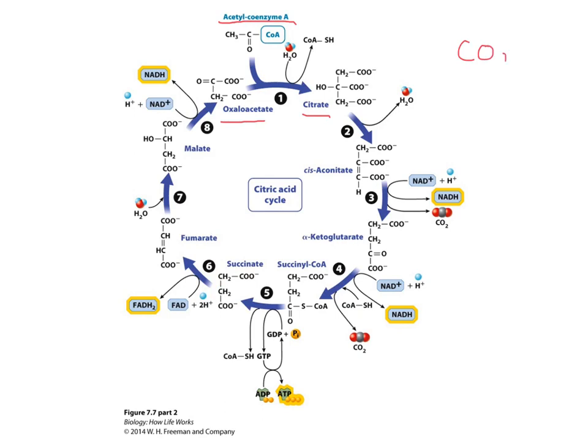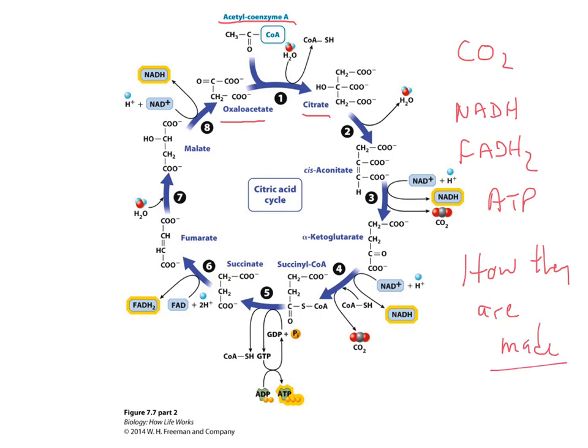So what happens in terms of carbon dioxide, how many NADH are made, how many FADH2 are made, and how many ATP, and how they are made. That's what I expect you to gather from this: how many CO2, how many NADH, how many FADH2, how many ATP, and how they are made.